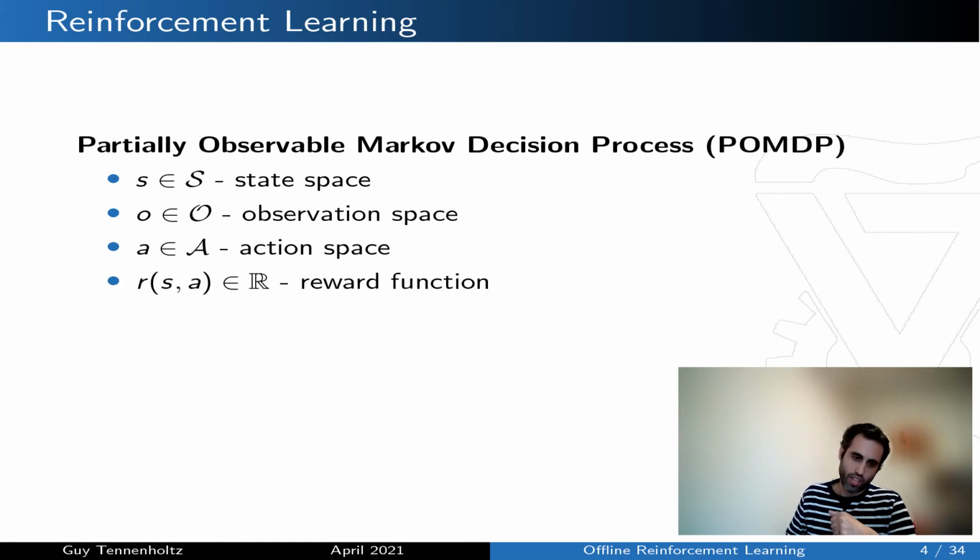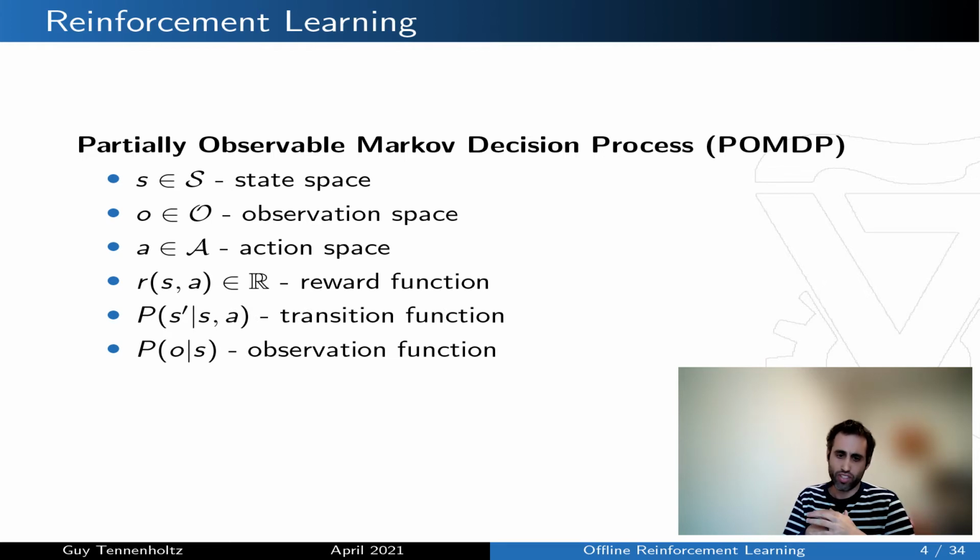Other things that we have in a POMDP is a reward signal. It's a scalar function that for every state and action gives us a number telling us how good it is to be in that state or action.